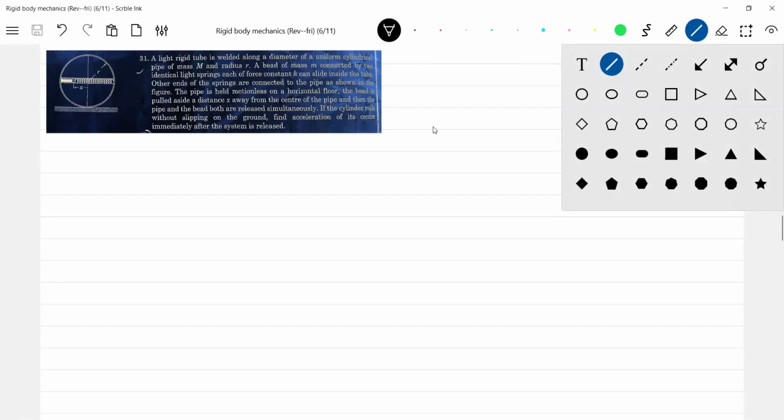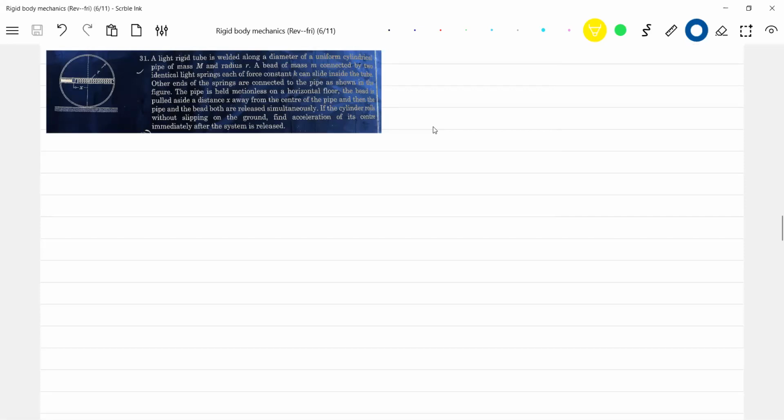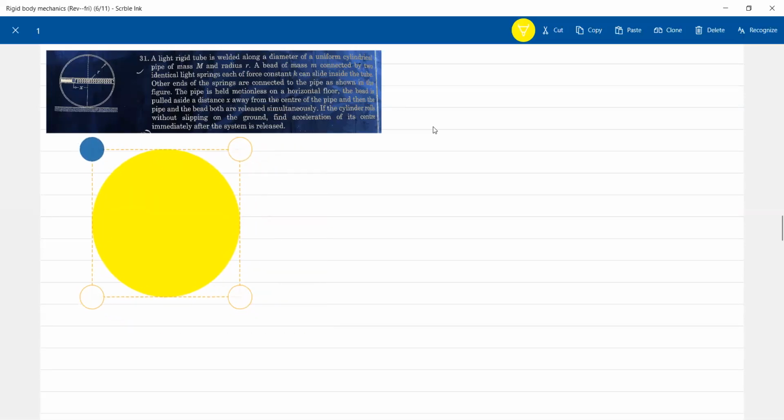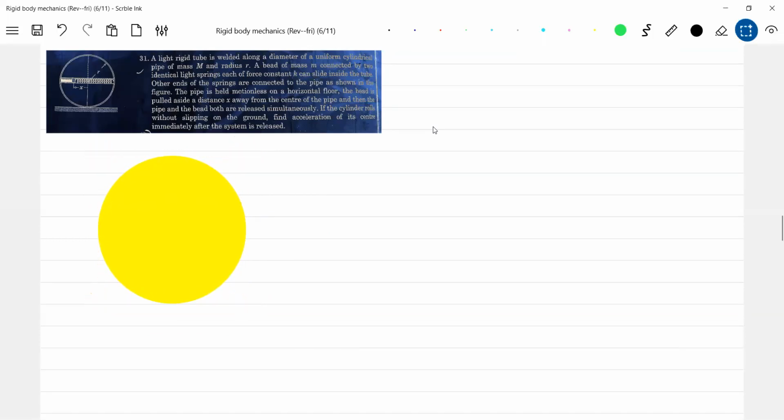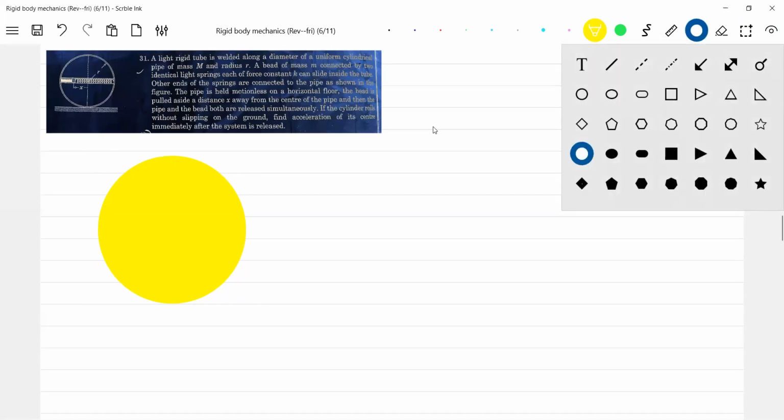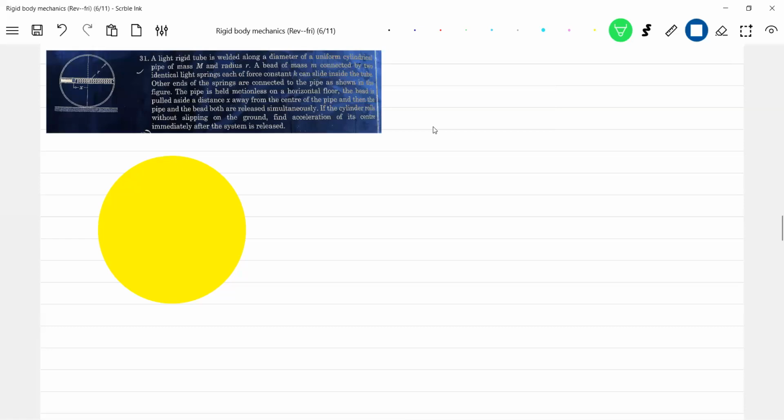Let me construct the diagram. Okay, this is the tube.